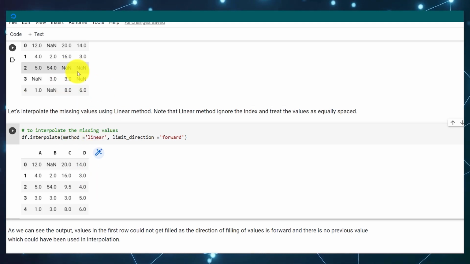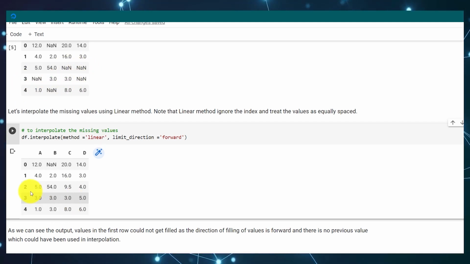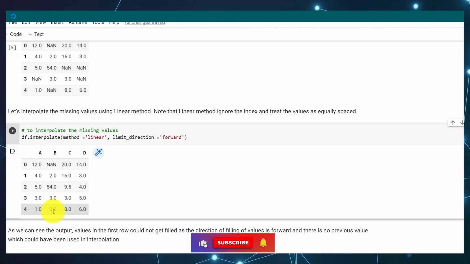Now around 5 cells are being filled. As you can see here, this is 9.5, 4.5, then this is 3, then this is 3 again. So the values are being filled here. Who has actually taken the decision whether to go for mean, median, mode? Seeing the description, this is the interpolate function.